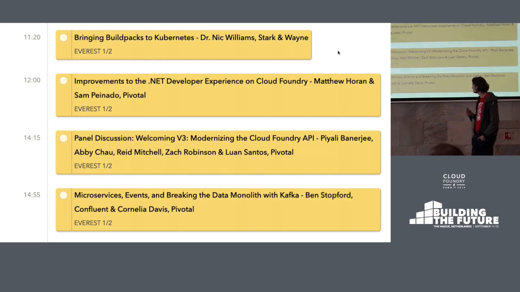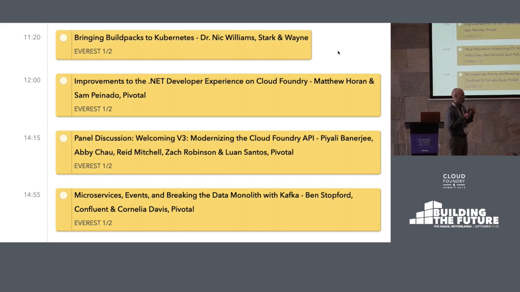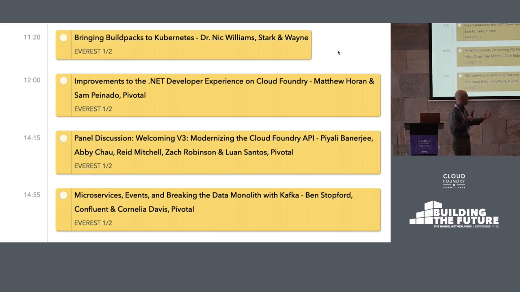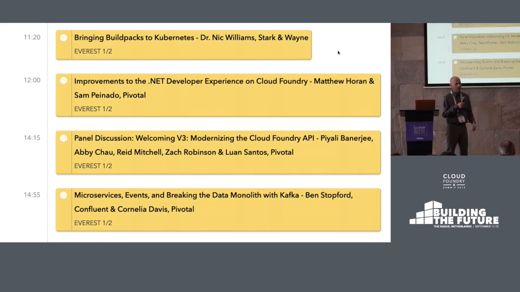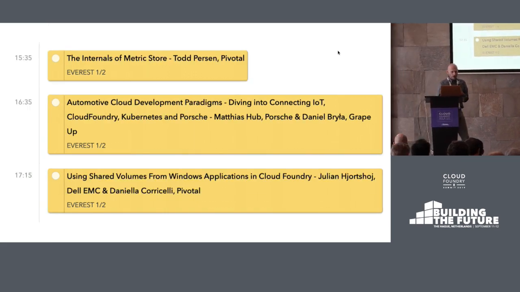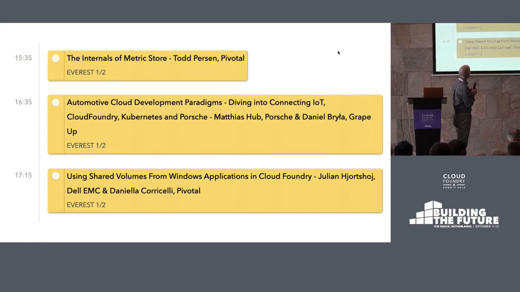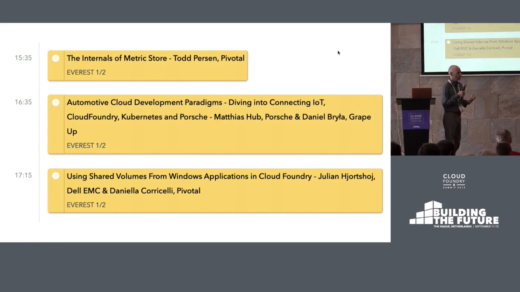And then down here we've got event-driven architecture, things like integrating with Kafka and other messaging technologies to make your applications and your microservices more responsive and more adaptable to events. So we've got some of that as well. And then even later on, some stuff on the metric store, which I'm looking forward to because it gives you those insights into what's going on inside your application.